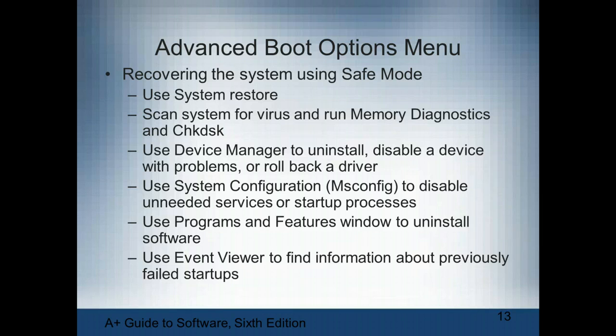MS Config, I think we've already looked at that one. What's in the startup, where you can disable things. Programs and features to uninstall software. One of the things that you may want to consider for uninstalling software is a piece of free software called Revo, R-E-V-O, Uninstaller.